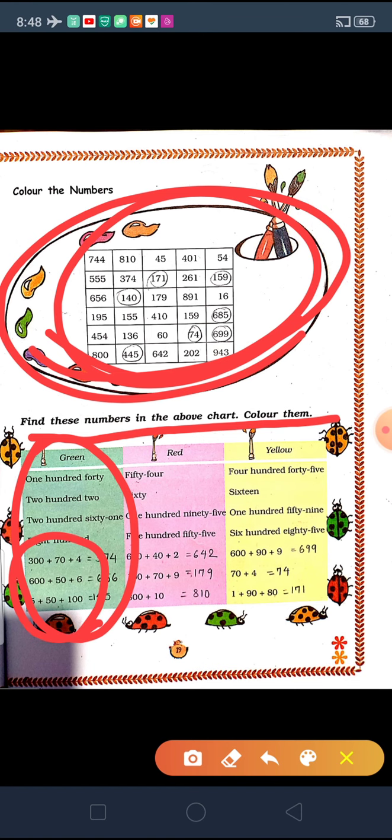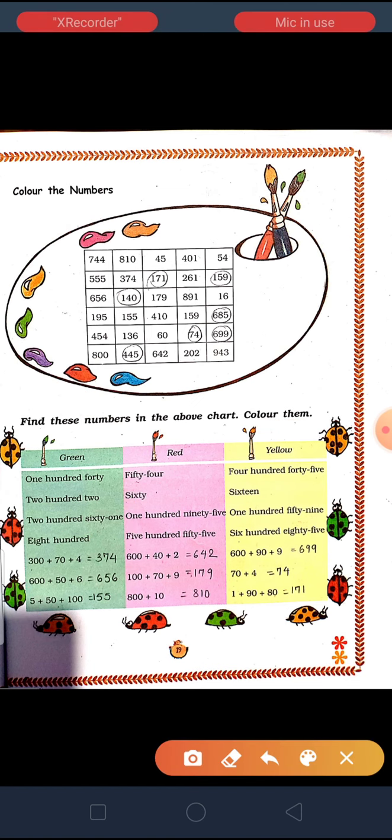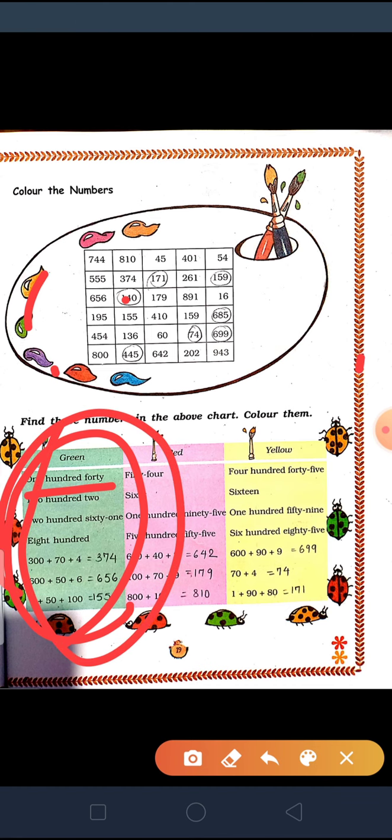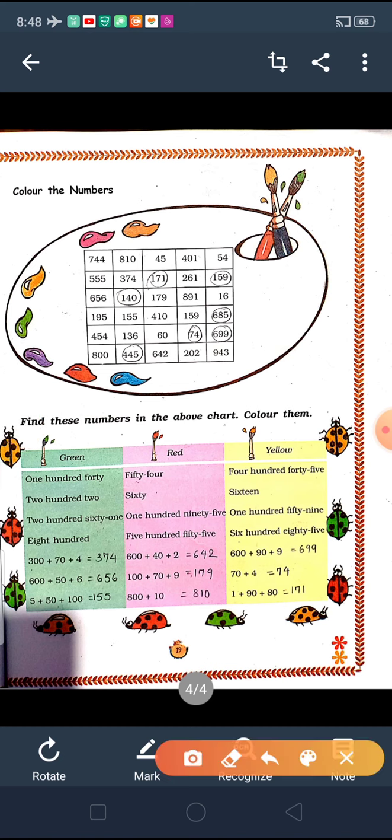So you have to write it in the normal form, like in figure form. Suppose this is green, and 140 is given. Wherever we find 140 in this chart, you have to color that box green.